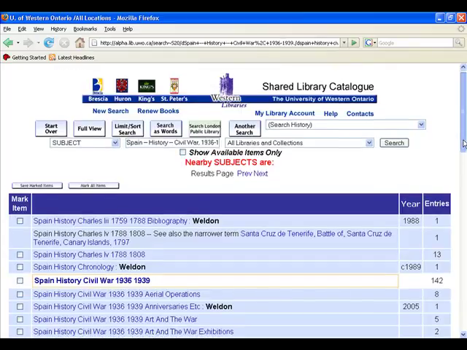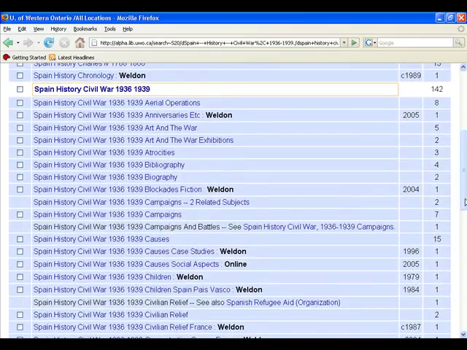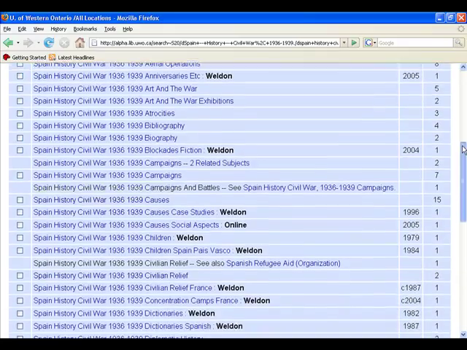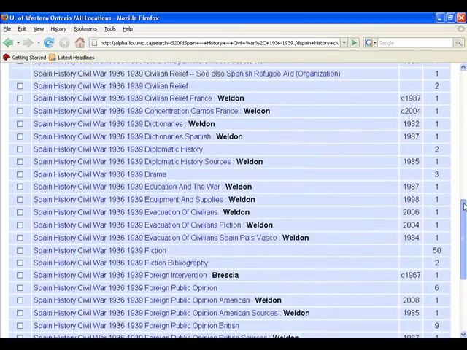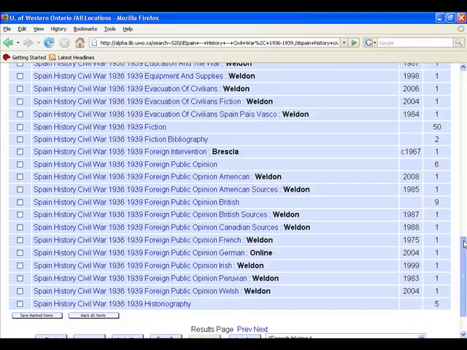In this case, there are 142 titles that have the subject heading Spain, History, Civil War, 1936 to 1939. In addition, there are numerous more specific subjects as well, such as subject bibliographies, causes, and foreign public opinion, including perspectives from Britain, France, America, and Germany.